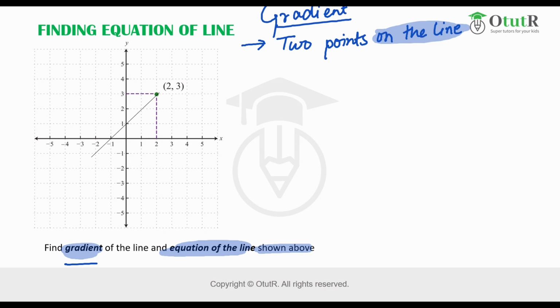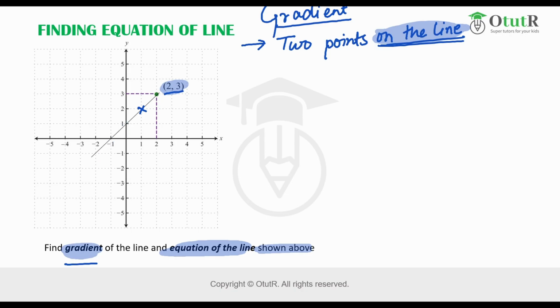Since they have provided me with 2 comma 3, I am going to use that. You could use any other points, but I am going to use this one, and I can also use this one. This is the condition that you have to fulfill: the 2 points should be on the line.